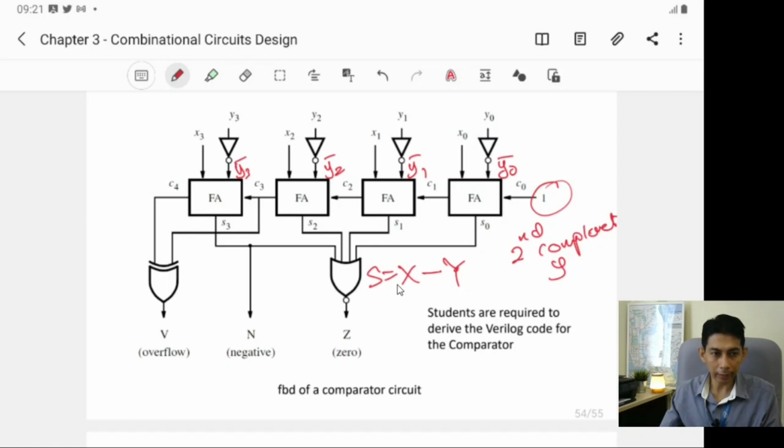So s is actually x minus y, so this is a subtractor actually. Subtractor, and we see that this one is connected to, or can be used to check whether the number is positive or negative. Okay, so if s3 equals 1, it means that the result is negative. If the result is negative, it means that x is less than y for sure.